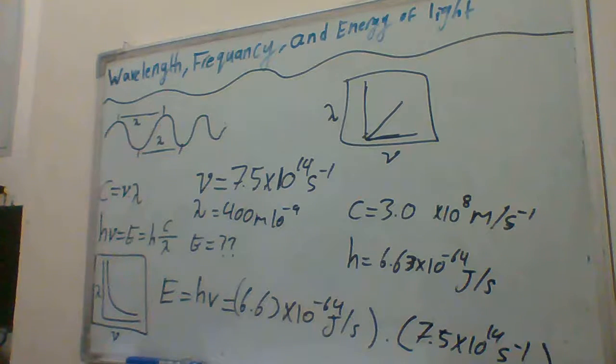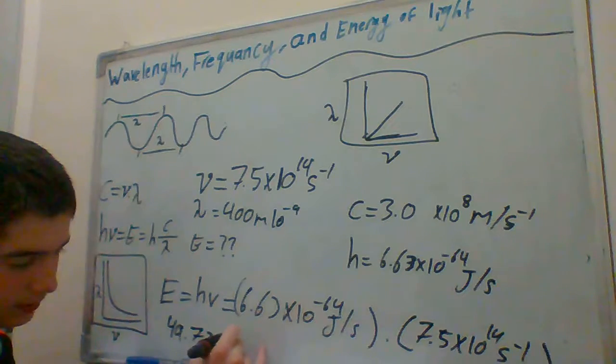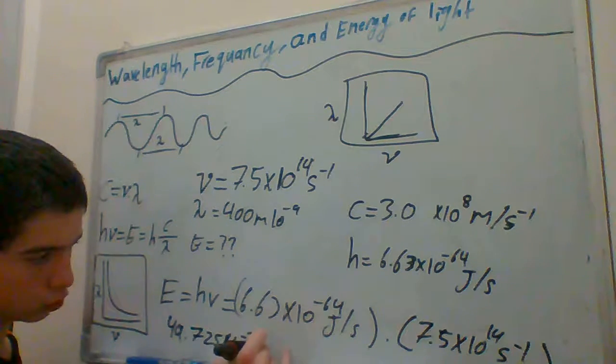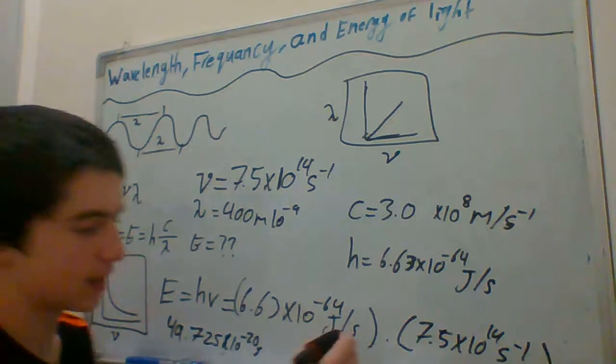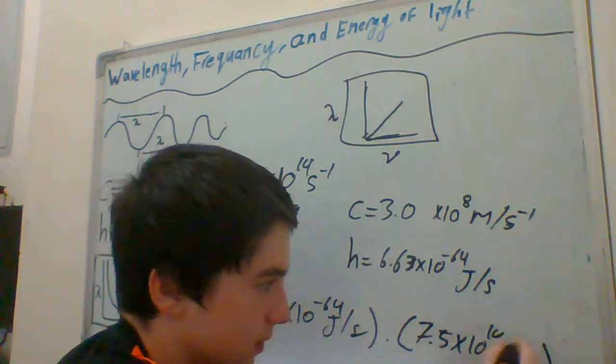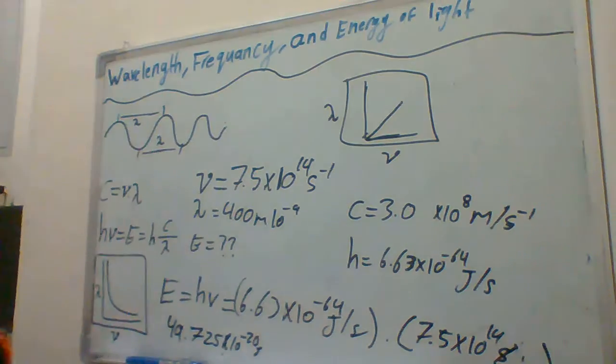We're going to get the answer of 49.725 multiplied by 10 power negative 20 joules. And why does that happen? You just cancel seconds with seconds, and we're left with joules. So the answer would be in joules.